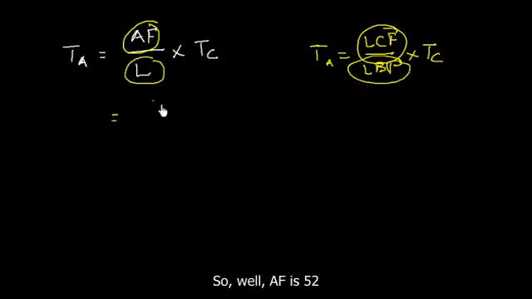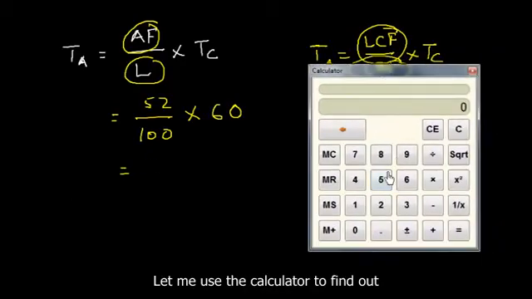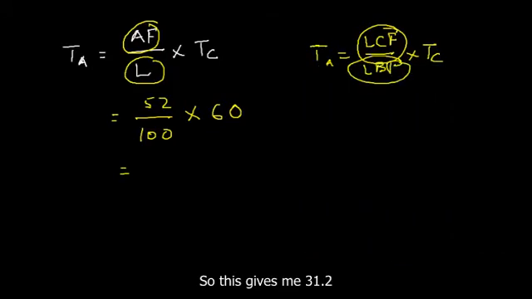So, well, AF is 52 and L is 100 and the TC is 60. So this will give me, let me use the calculator to find out. 52 multiplied by 60 divided by 100, so this gives me 31.2.